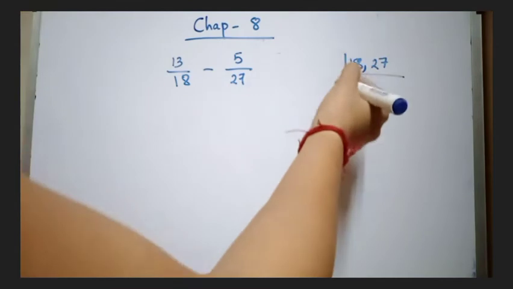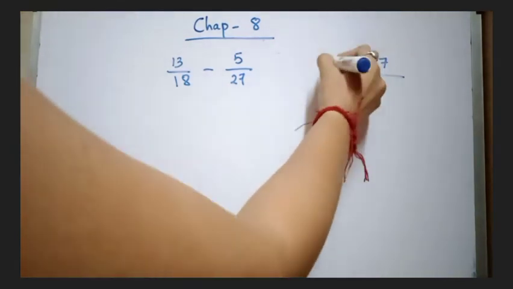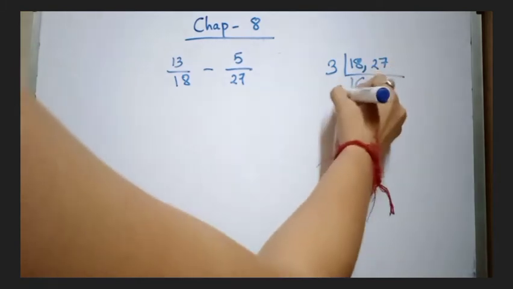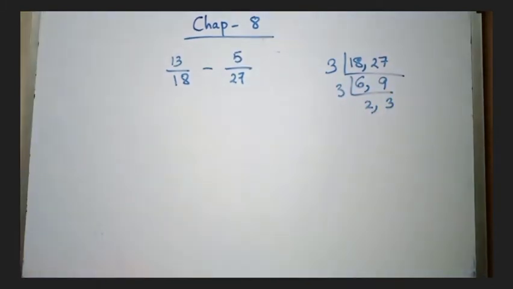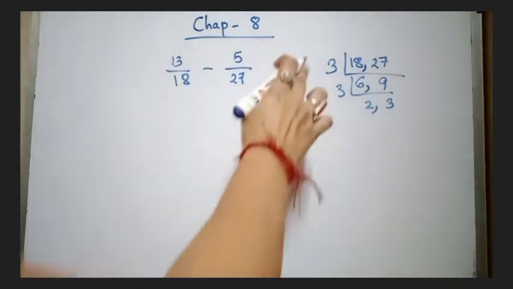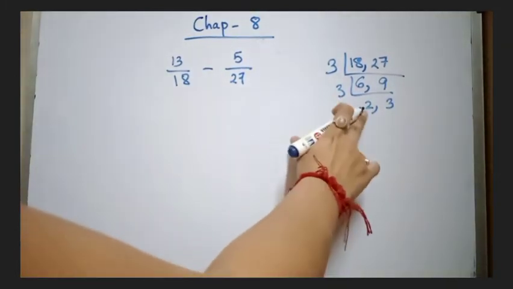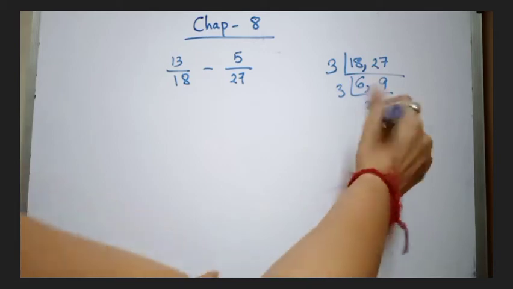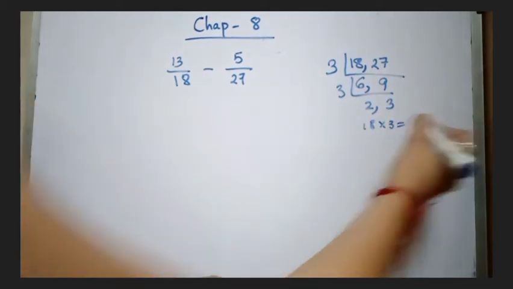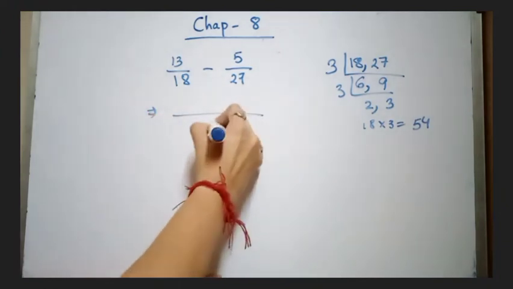Taking this, we can divide by 3. So we will get 6 and 9. Again by 3, we will get 2 and 3. Now as this is LCM, we have to take these two numbers also. 3 3s are 9, 9 2s are 18, 18 3s are 54. So here we will write 54.